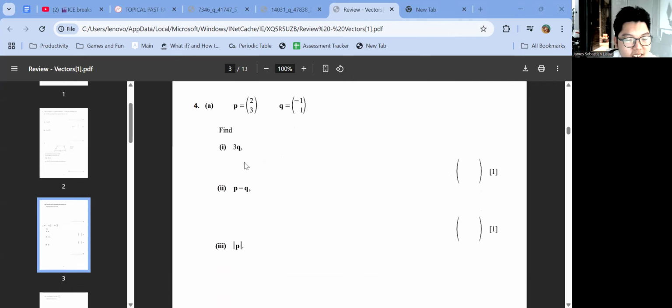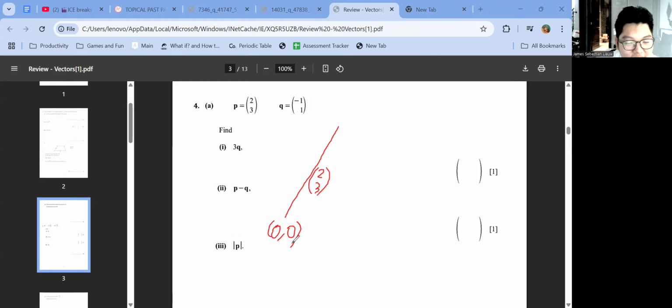The magnitude of a column vector is basically just x squared plus y squared, and then you square root it. Why? Because if you think about it, this is just the vector (2, 3).